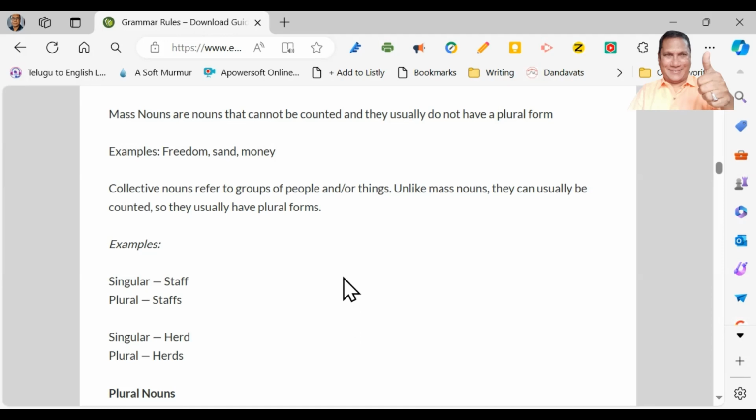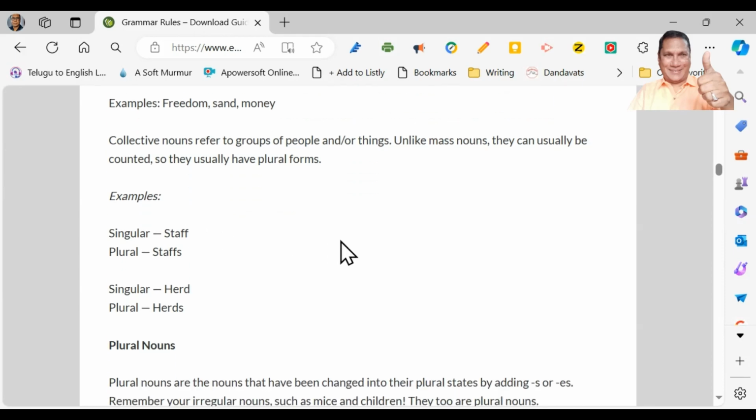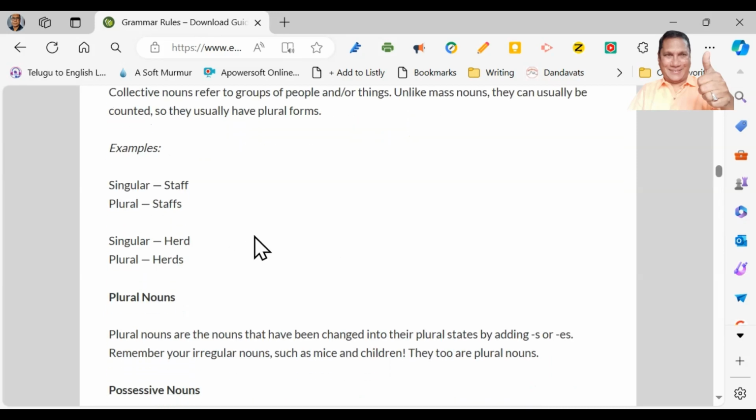Example: staff, staffs. Here, staff means a group of people working together in an organization or a school or an institution like that. And the plural is staffs.